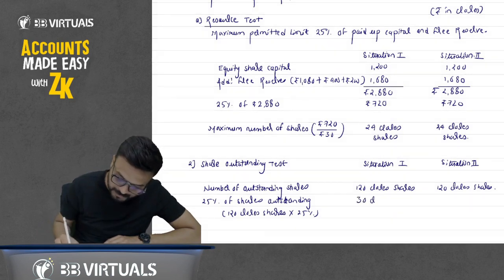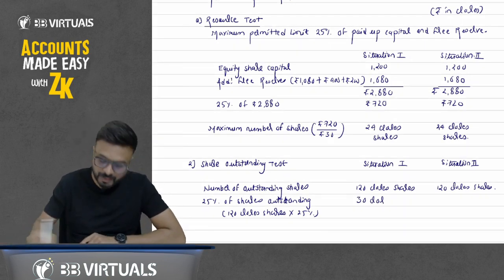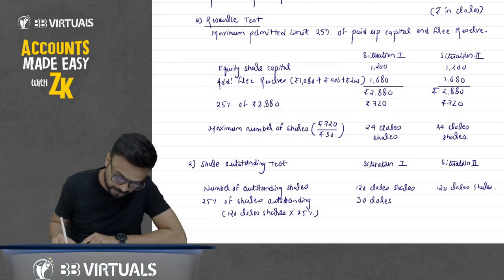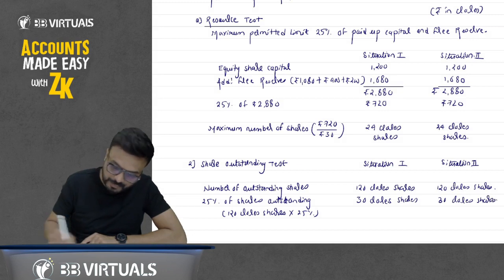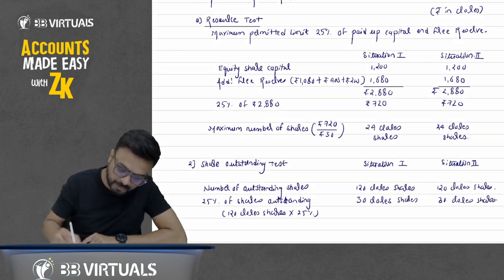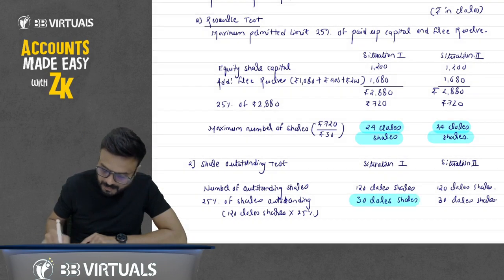So as per share outstanding test, the maximum number of shares that we can do buyback is 30 crore shares. As per first condition, the maximum is 24 crore shares, and as per this condition, 30 crore shares.